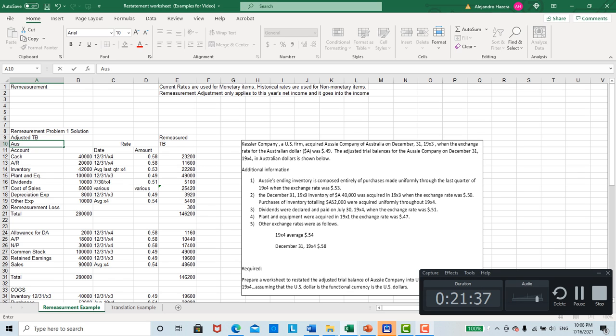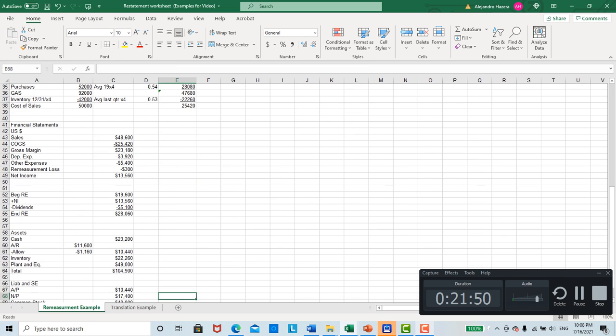You took Australian dollars, and you changed them to US dollars here, using the rates. And then you brought these US dollars down here and made them into financial statements. The financial statements are in US dollars.